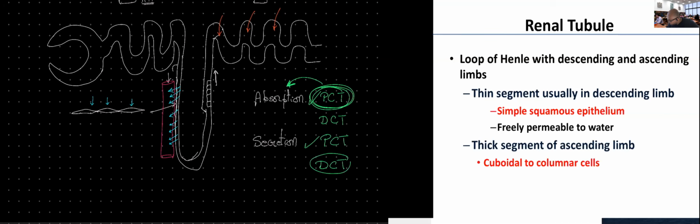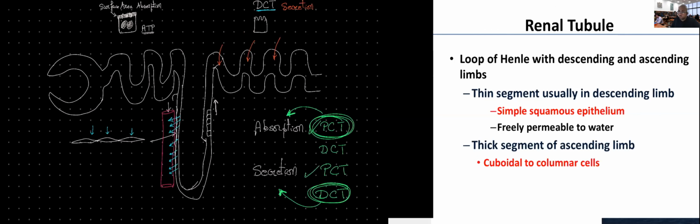Where do I mainly perform secretion? It's going to be in the distal convoluted tubules. So if I'm asking you a general question, where do I have absorption or where do I have secretion? It's going to be simply both proximal and distal convoluted tubules. But if the question is more specific, who is mainly performing absorption, the answer now is going to be the proximal convoluted tubules.